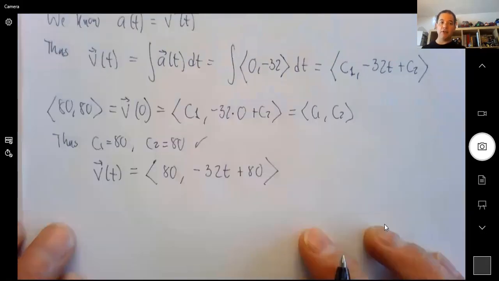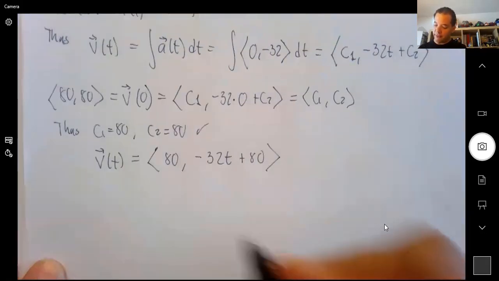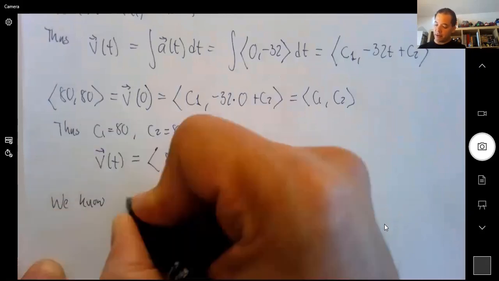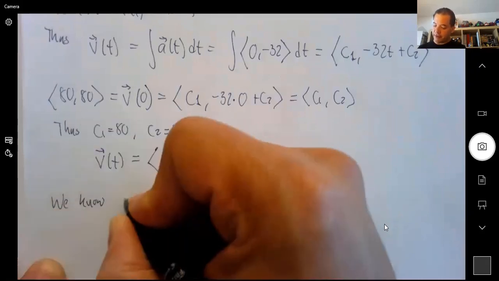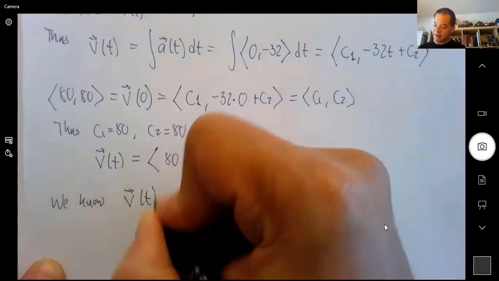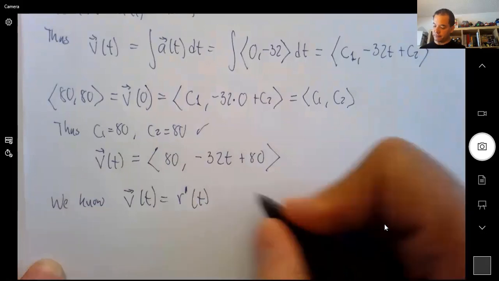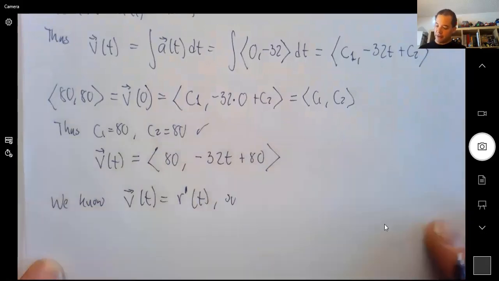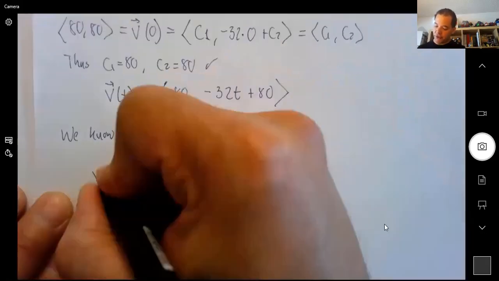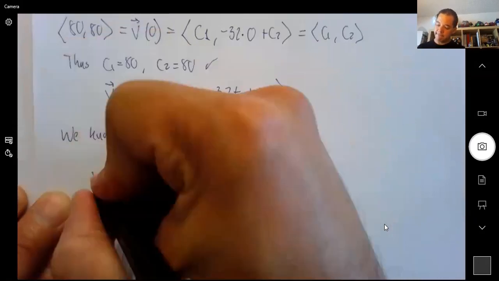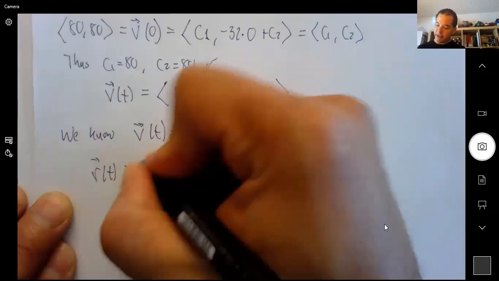Now let's find out the original function, because we know that the velocity is the derivative of the original vector function. So to get the original vector function, to get r of t, we need to integrate the velocity.